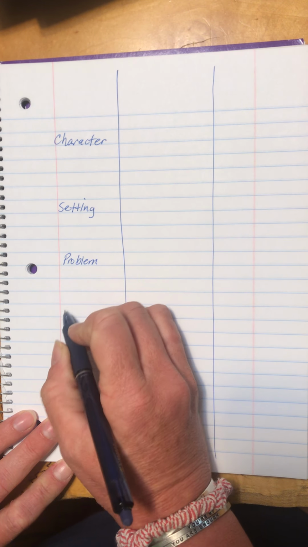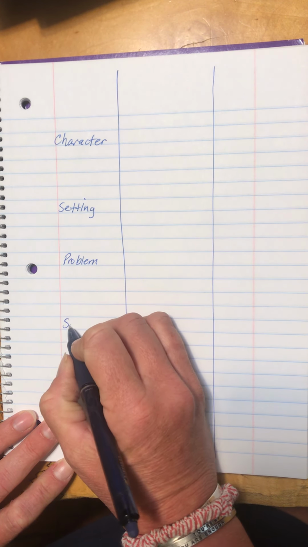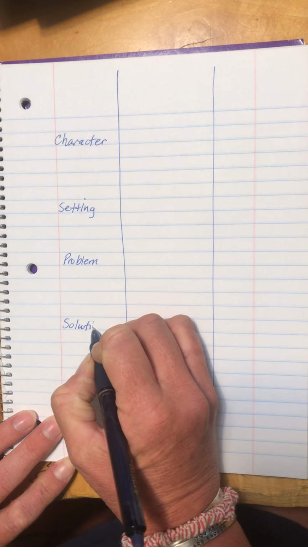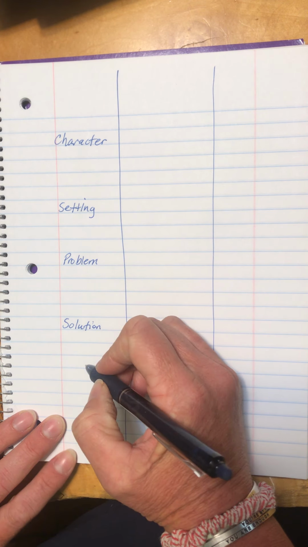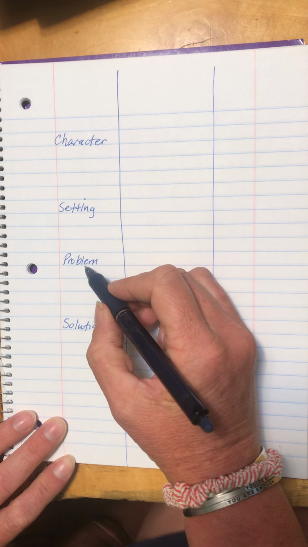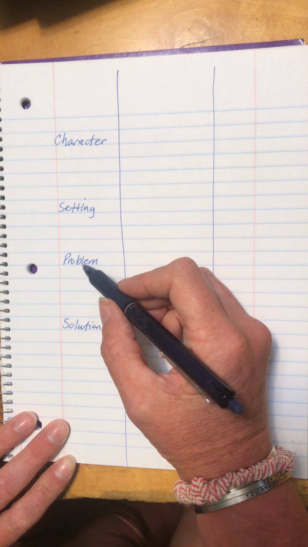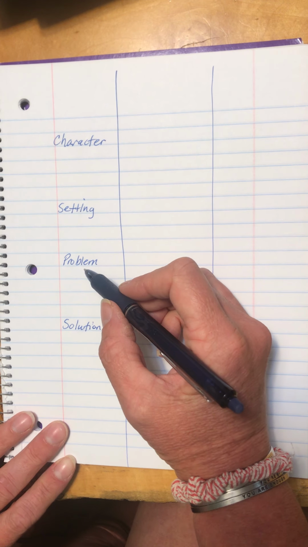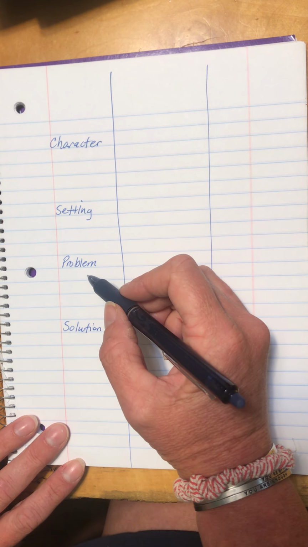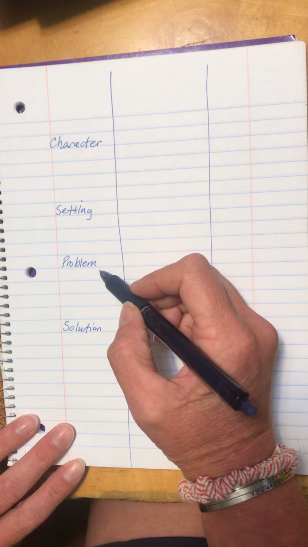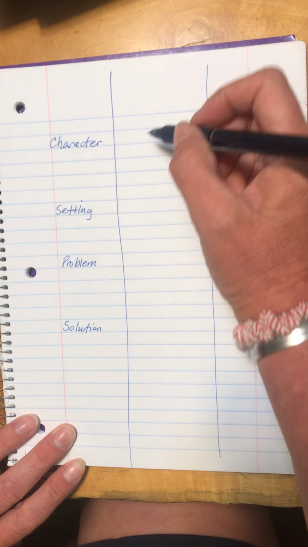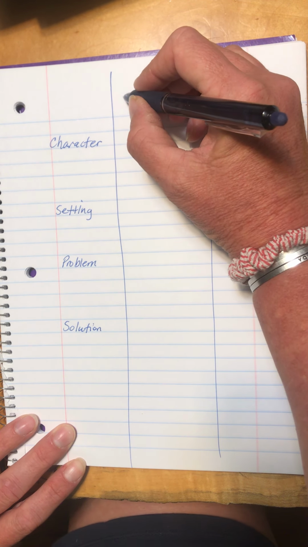And then several things happen that lead to a solution or resolution, either one. So the problem is usually when the character runs into a snag, or they have some kind of something that is giving them trouble.